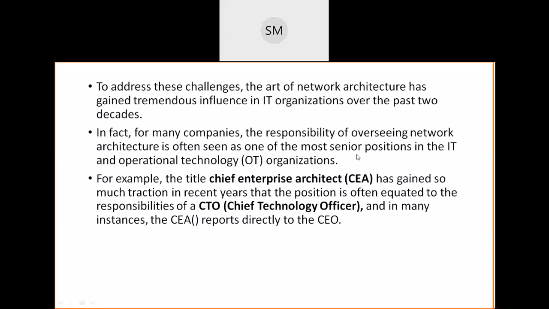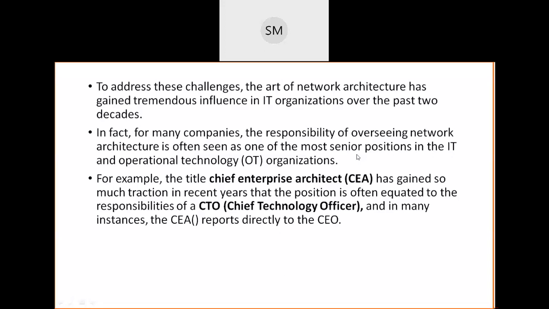Maintaining the network architecture in a company is not a small job, it is a heavy responsibility. It is one of the most senior positions in IT companies nowadays. Not only in IT, but also in other teams, as I discussed in the last classes, that is OT teams, operational technology teams, in the organizations.